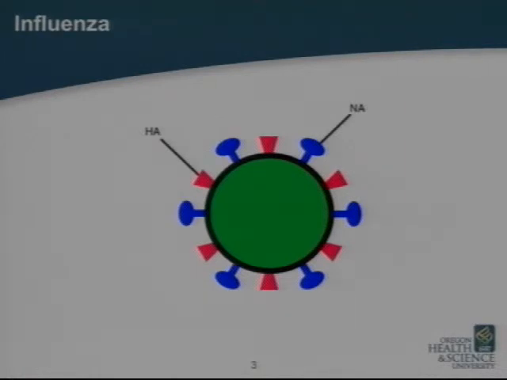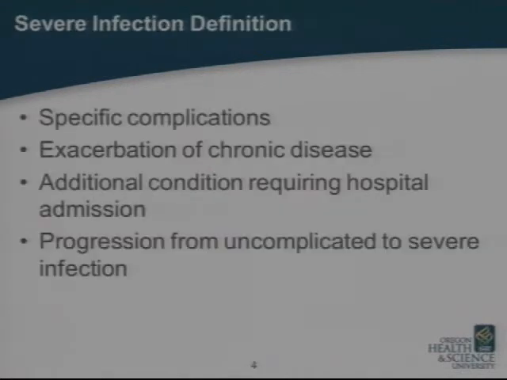Currently, of various subtypes, H1N1 and H3N2 are the most common in humans. For a general uncomplicated influenza infection, symptoms generally include fever, cough, sore throat, muscle pain, nasal congestion, things like that.